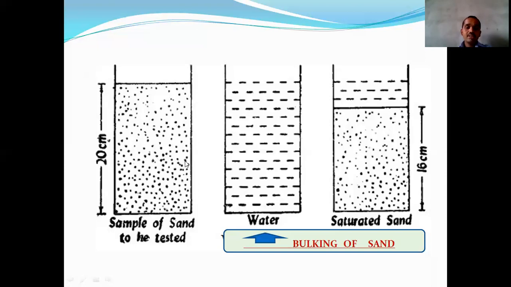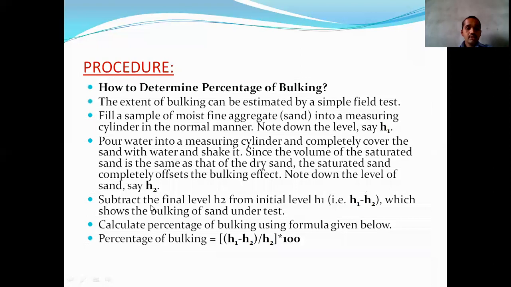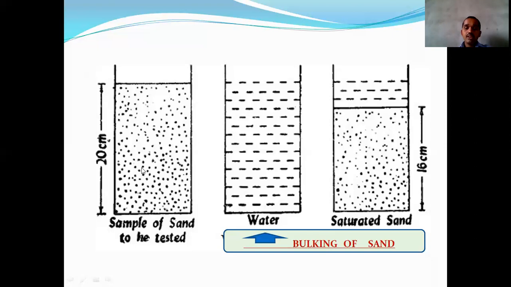Then, while calculating the percentage, subtract the final level H2 from the initial level H1, that is H1 minus H2. From the initial height of 20 centimeters we subtract 16 centimeters, which shows the bulking of a sand under this test. So the 4 centimeters is the effect of a bulking represented in a head, that is, in height.